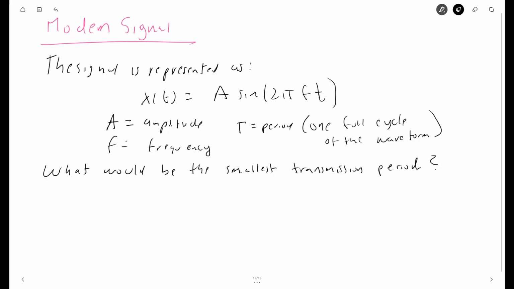The period T is the reciprocal of the frequency, so period equals 1 over the frequency. This equation shows that the smallest transmission period for a signal of frequency f is simply the inverse of the frequency.